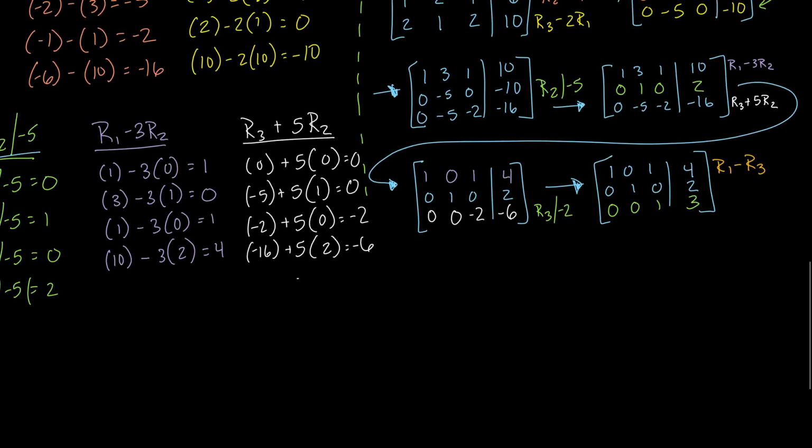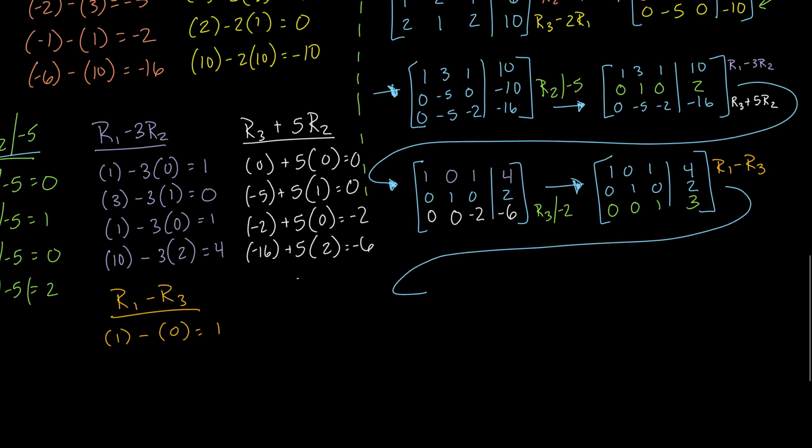So over here, my scratch work, I'm going to do row 1 minus row 3. My row 1 x value is a 1 minus my row 3 value, which is 0. So good, that remained a 1 just like I wanted it to. So my very last step, my first x value is going to be a 1.